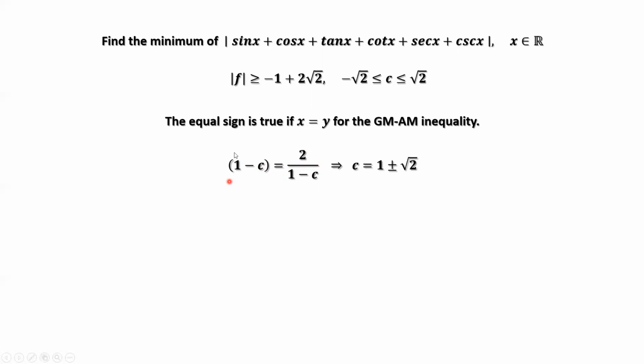Solving this quadratic equation, we have two values for c. 1 plus square root of 2 and 1 minus square root of 2. Because we consider c less than 1 now, we only have one solution satisfying our condition. C equals 1 minus square root of 2.